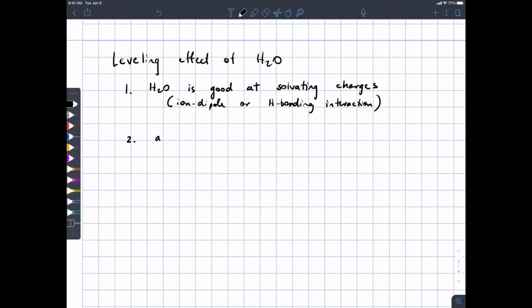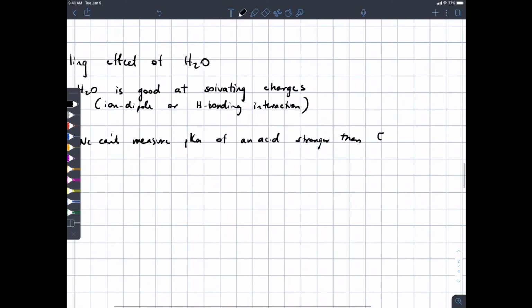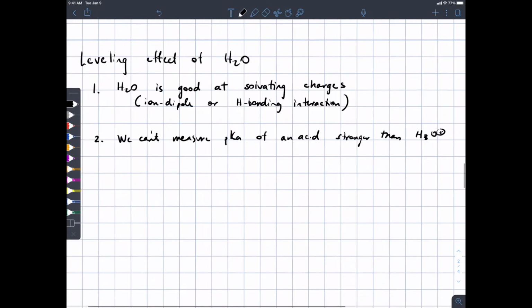So if we're in water, we can't really measure the pKa of an acid stronger than hydronium. The reason for this, of course, is just acid-base chemistry.